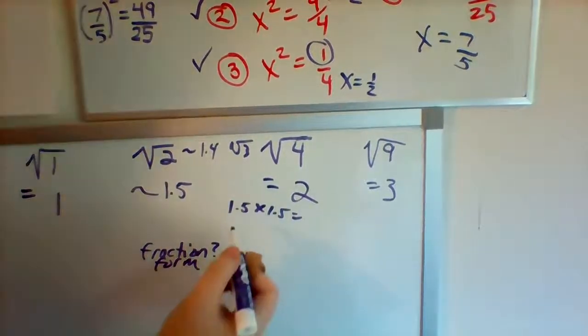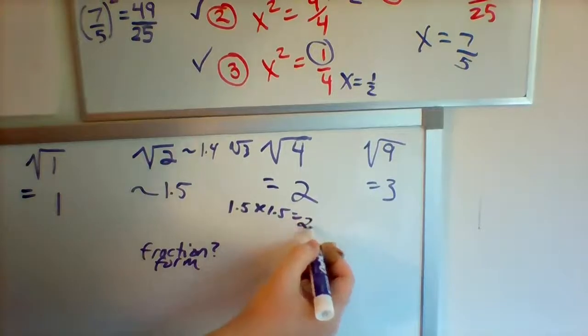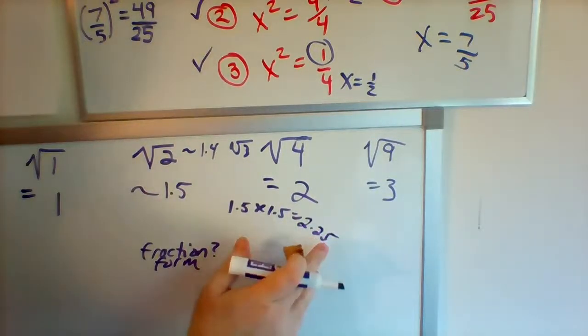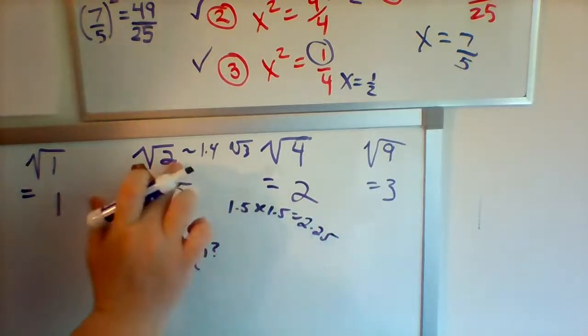Okay, good. 1.5 times 1.5 is 2.25, and that is actually over 2.